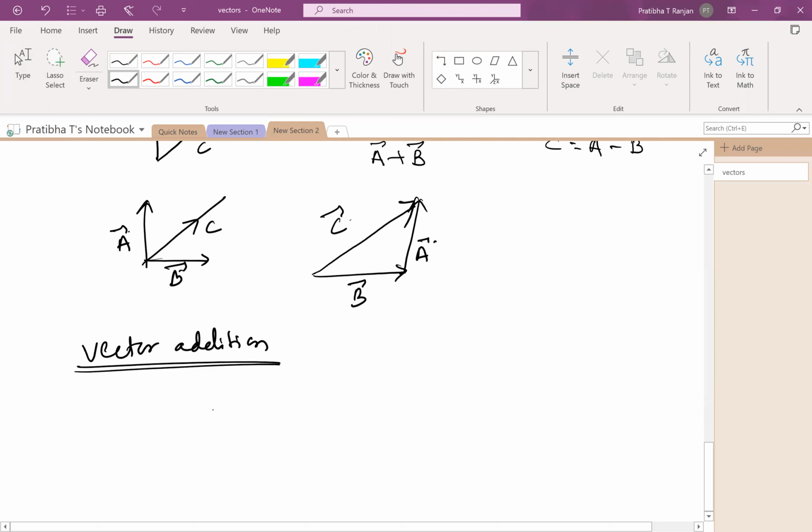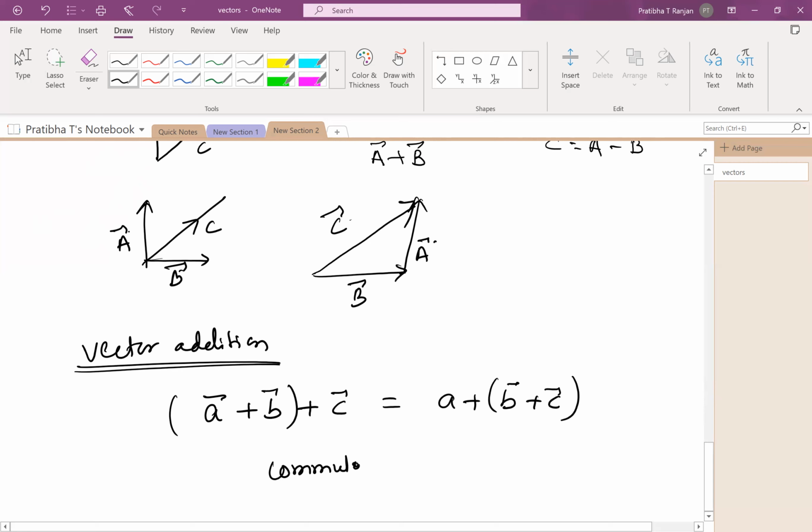Suppose we have three vectors and you add them like this, then this will be the same like this also, and this property is called the commutative property. It's just like the addition and subtraction we do. The only thing is that you need to measure where the resultant is working, whether upside, downside, left hand side or right hand side.